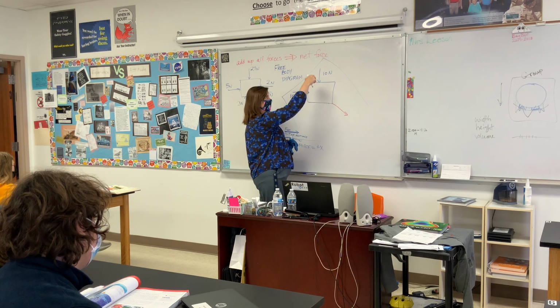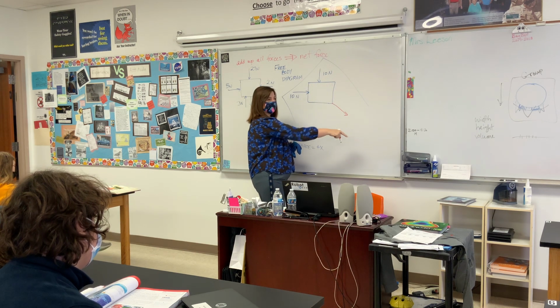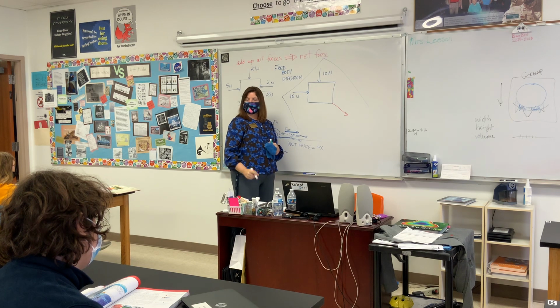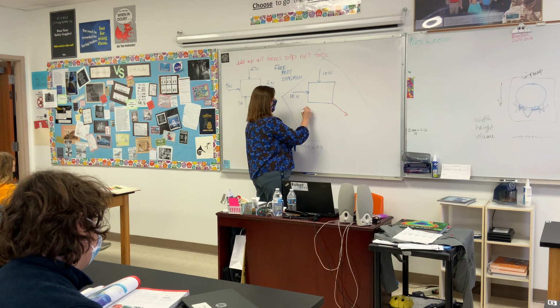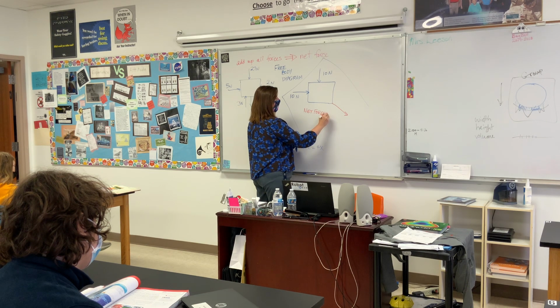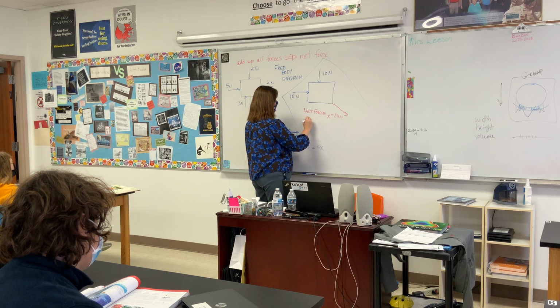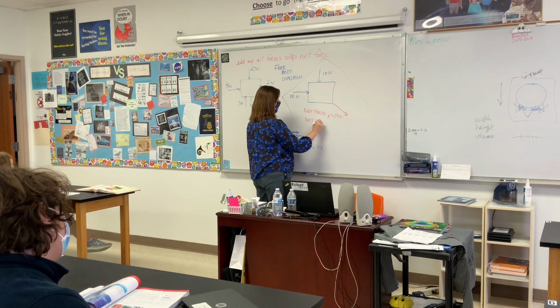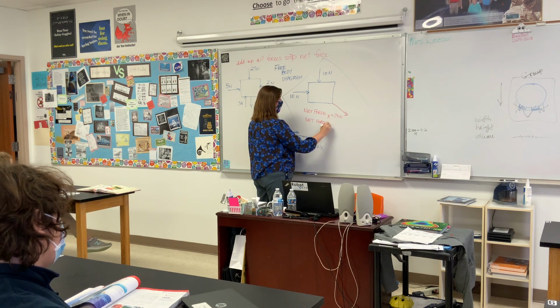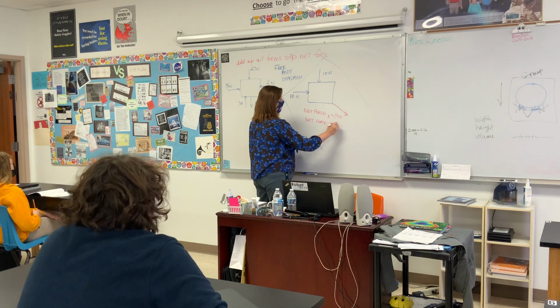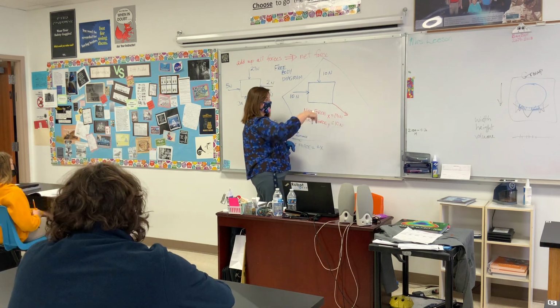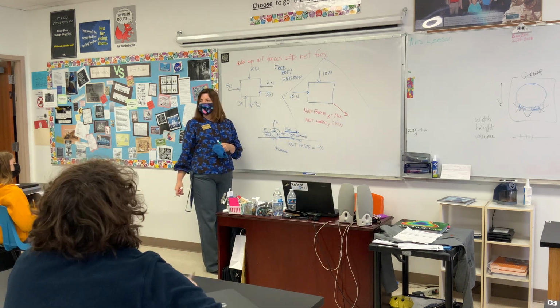So it's going to be moving down and to the right. I have a net force in the x direction of 10 and a net force in the y direction of negative 10. Let's put it down.